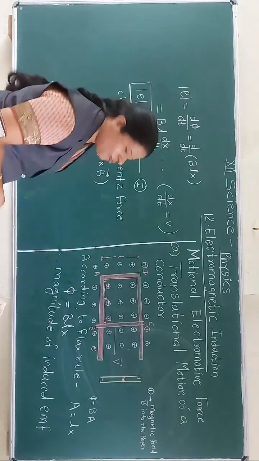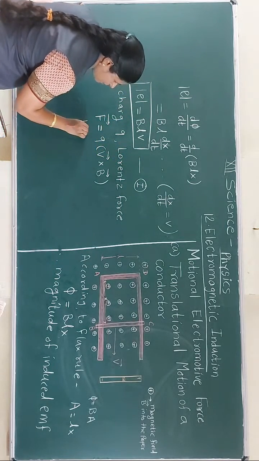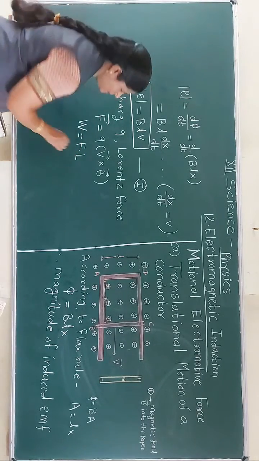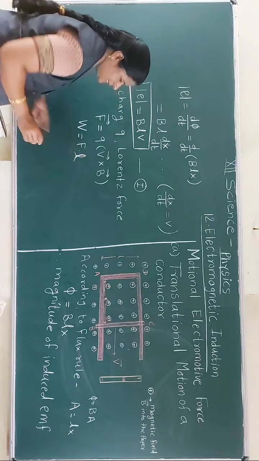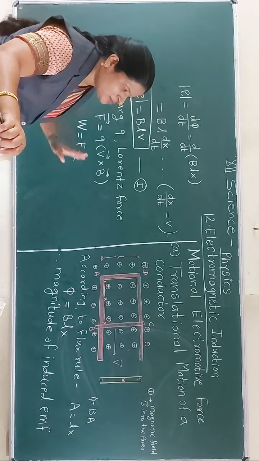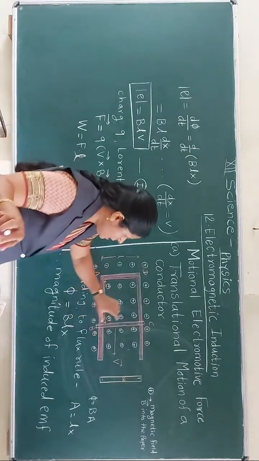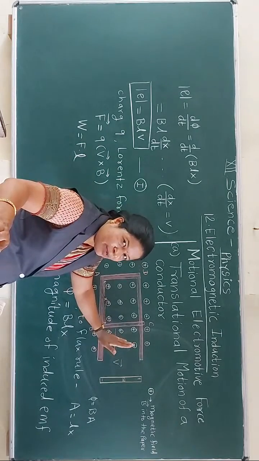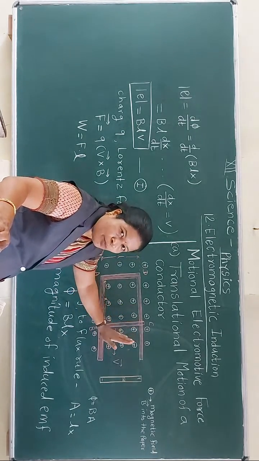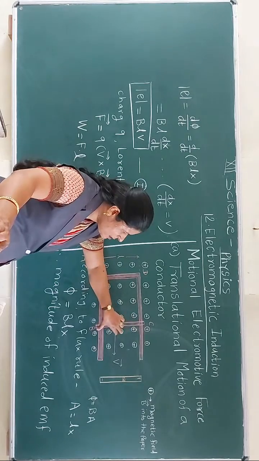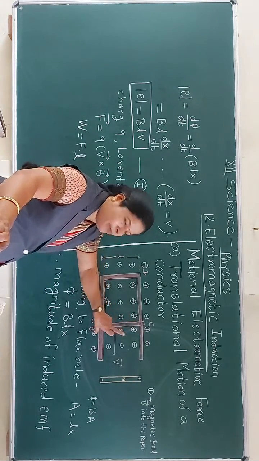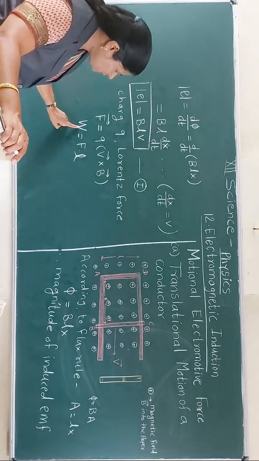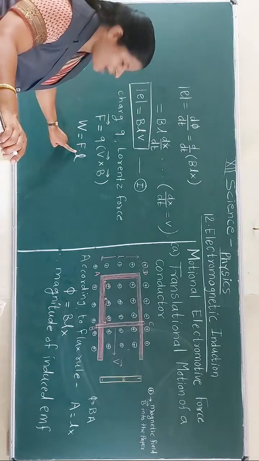And we know that work is equal to force multiplied by displacement, F multiplied by L. Seeing this diagram, the side BC is movable, and by this movement the force acting on this side is F. So we get the work done by the charge, W is equal to F dot L.